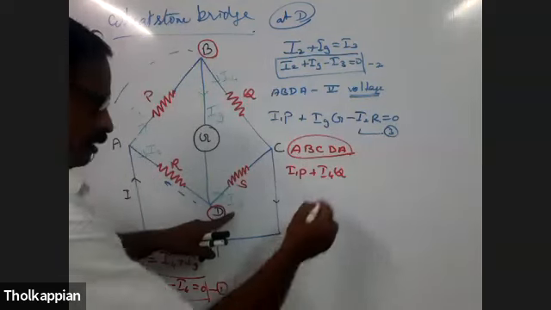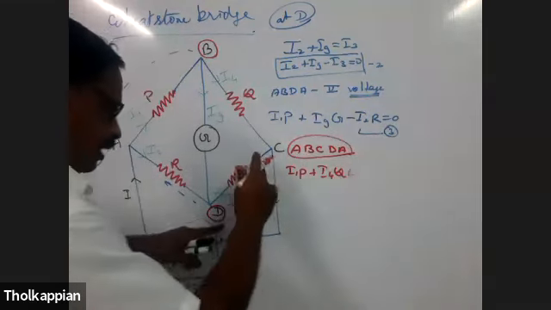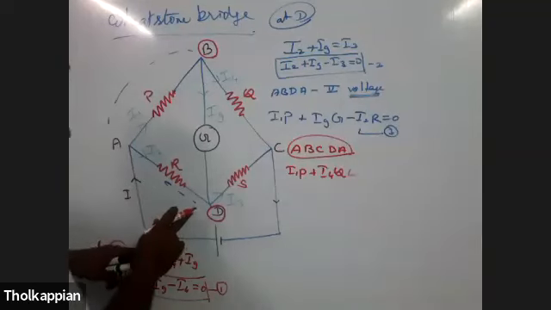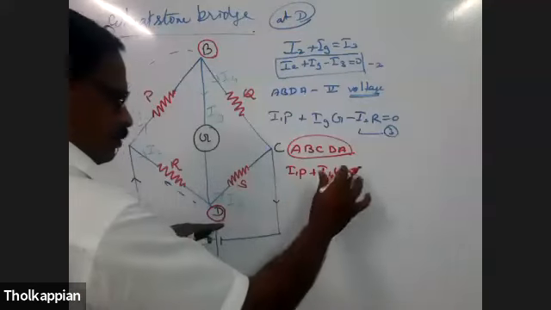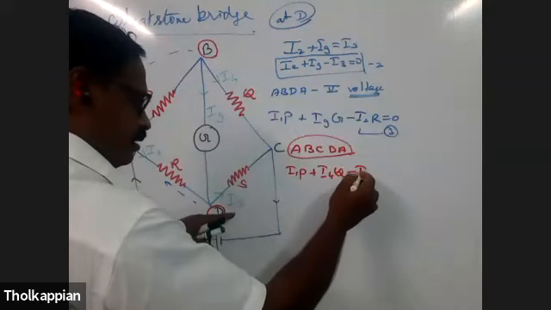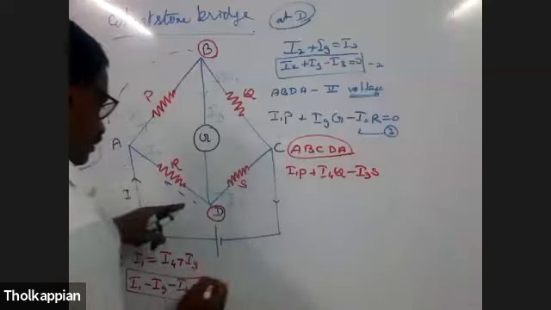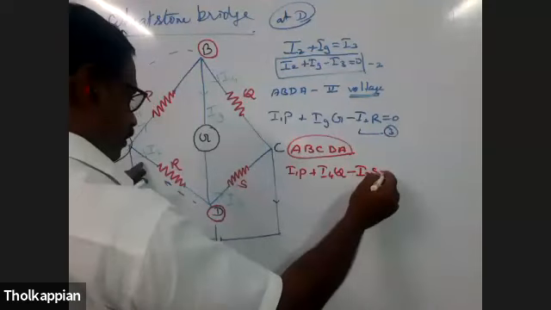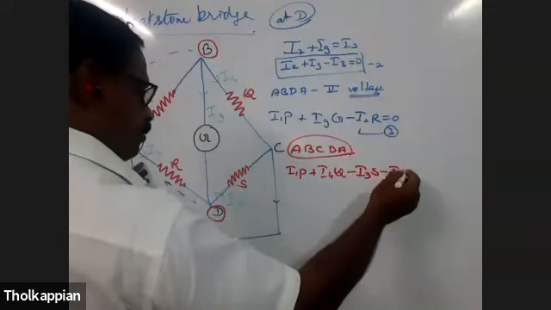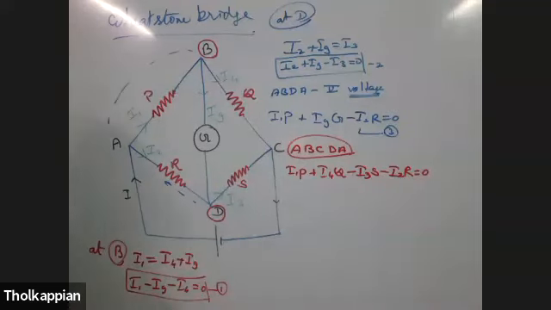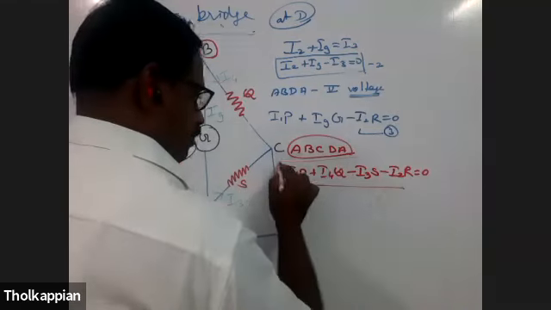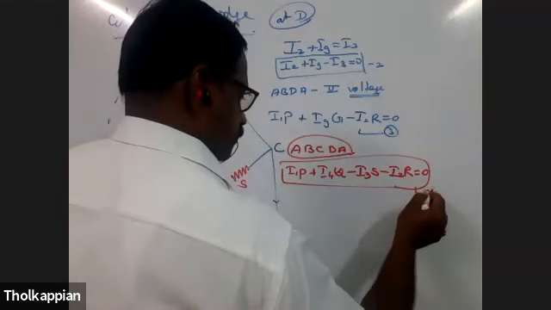Here the current is I3, but this direction is opposite to the current flow, so you can write minus I3S. This is also opposite, minus I2R is equal to 0. EMF is not connected in the circuit, so we write 0. This is equation 4.